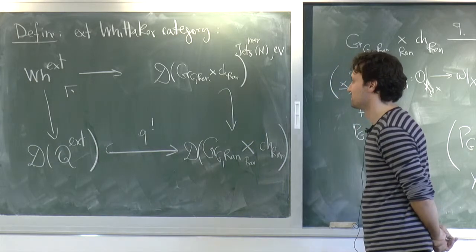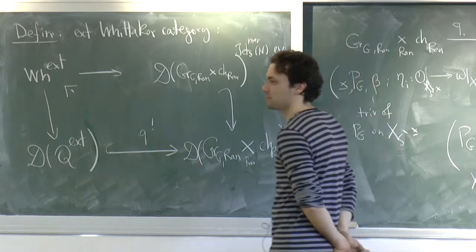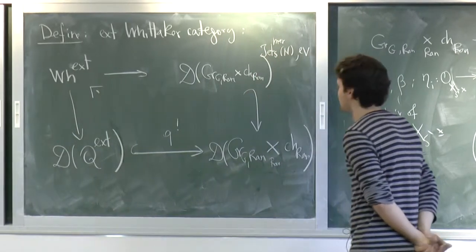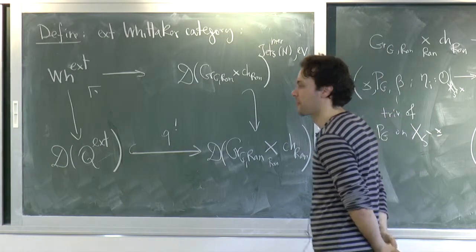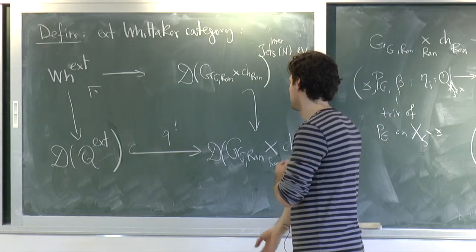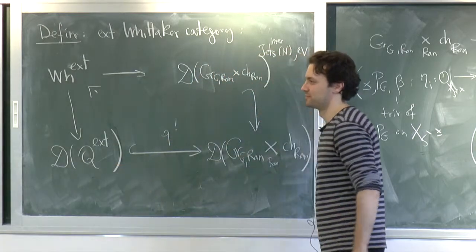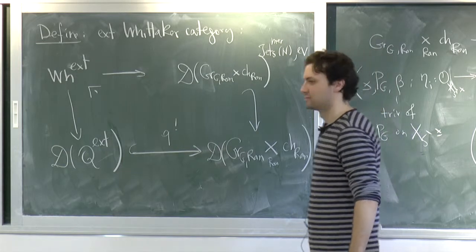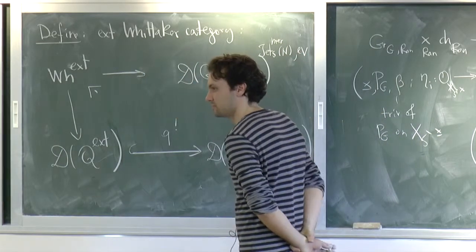So there's no reason to use the other one. But if you do it naively, just jets acting on that category is invariant. Oh, so meromorphic jets acting on G, on D Q X. Yeah, acting on jets is an option. You have to put it over the Ran space.